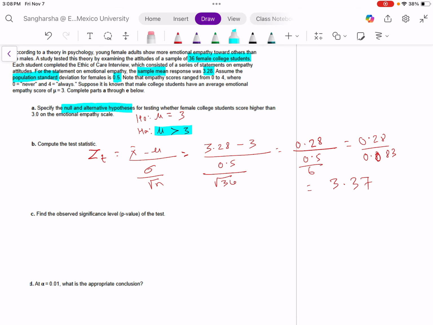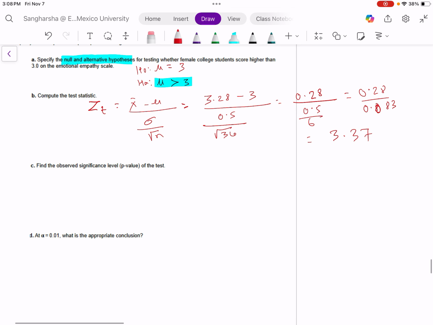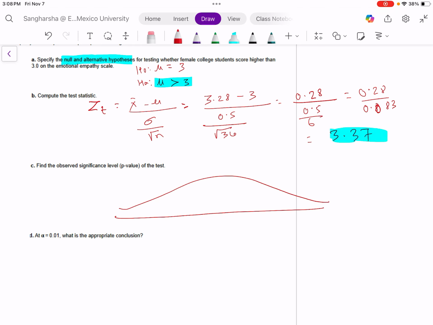We have an upper one-tailed test, so the p-value is the area on the right of 3.37. So let's go ahead and find this area.